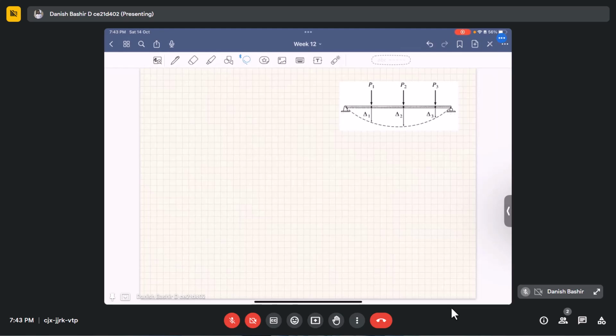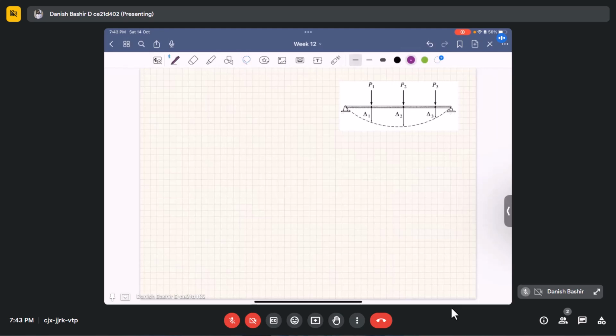Then we can also assume that these P1, P2 and P3 are applied gradually. That is, they increase from 0 to their final values, such that the relationship between P and delta, that is load and deflection, is linear.